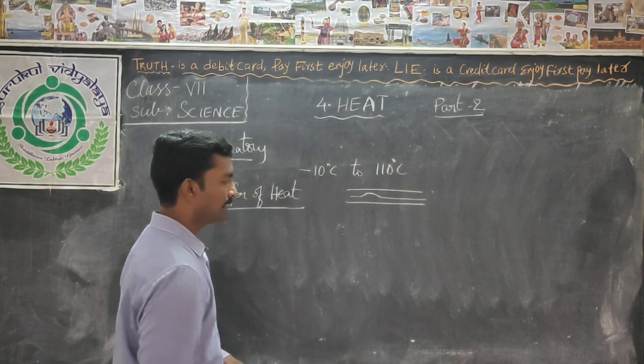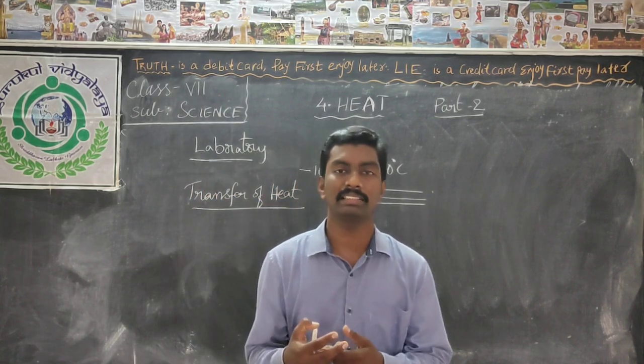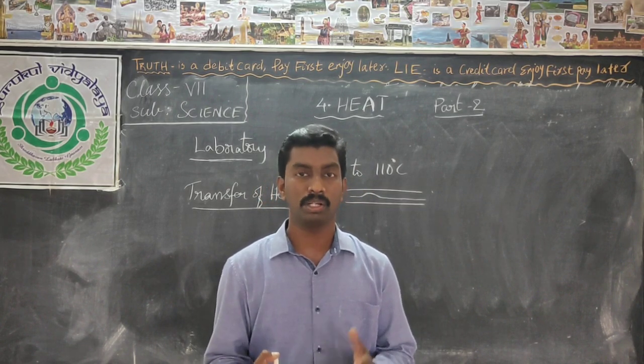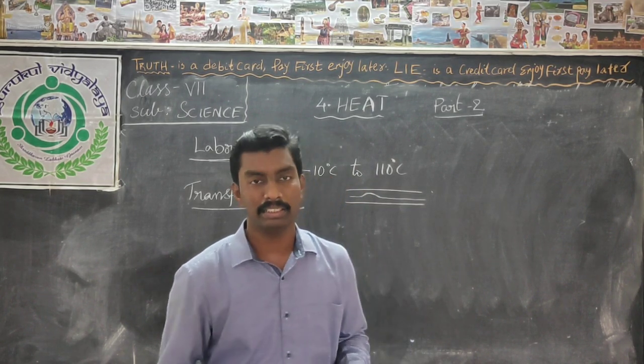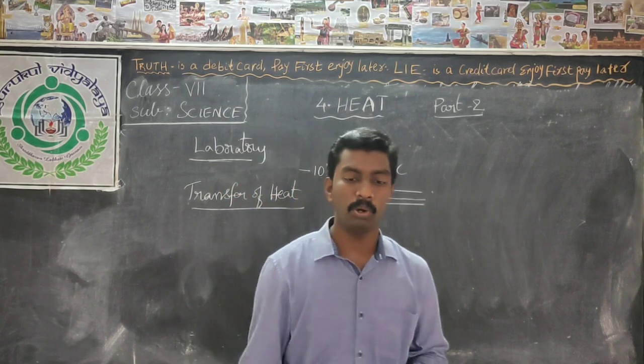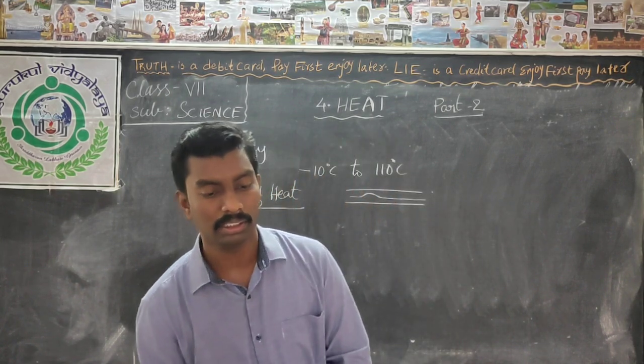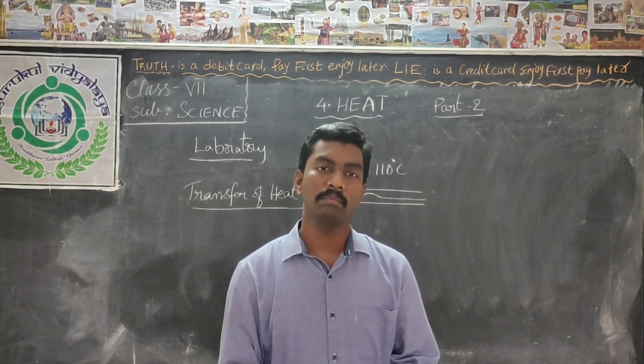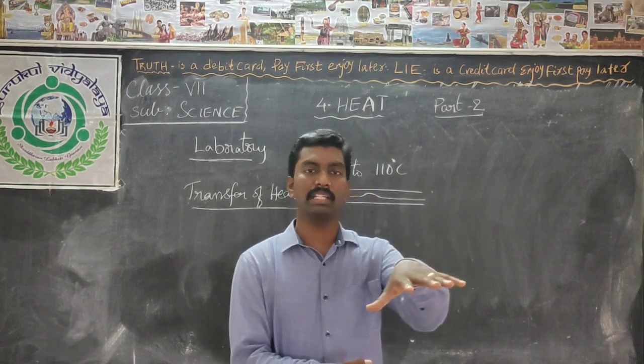What is that? Conduction. Before understanding what conduction is and how it takes place, we can discuss one activity. In activity 4.6, in the figure, two bricks are placed on the table.